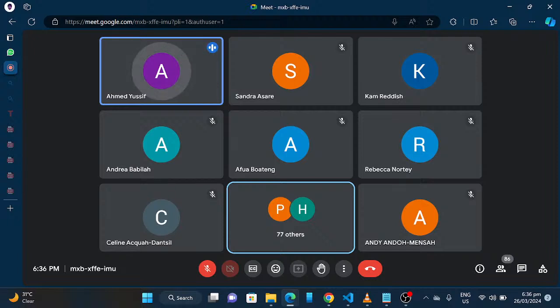For the heparins, we have unfractionated heparin and low molecular weight heparins. Then we have the coumarins. For the coumarins, we have the vitamin K antagonists like warfarin, dicumarol, and acenocoumarol.